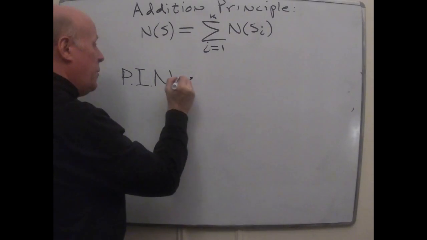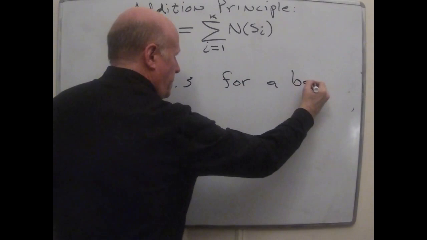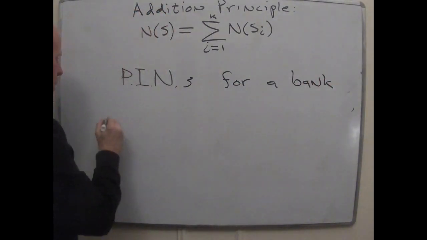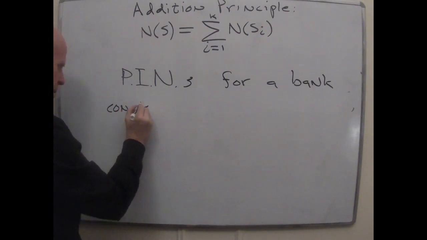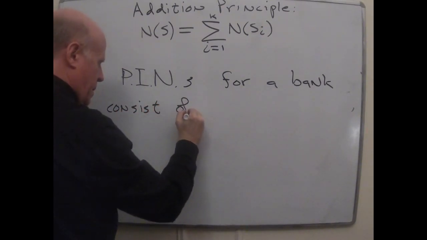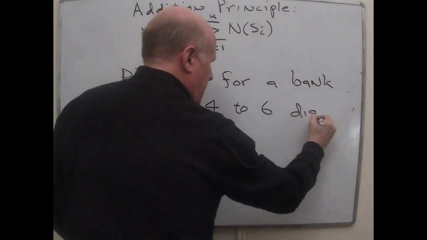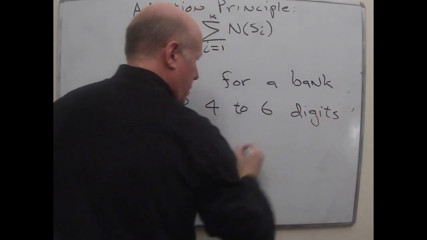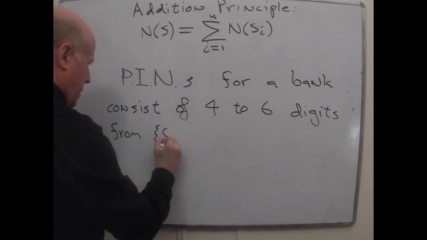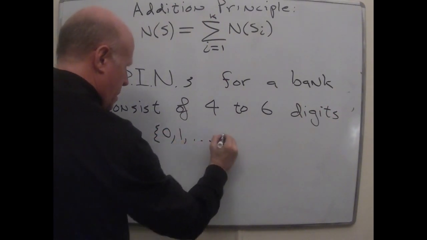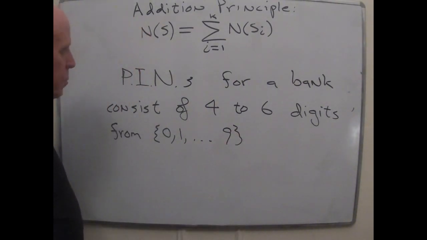So anyway, PINs for a bank consist of 4 to 6 digits. And the digits are the ordinary digits, 0 through 9, so you can put them in almost like a telephone style keypad.